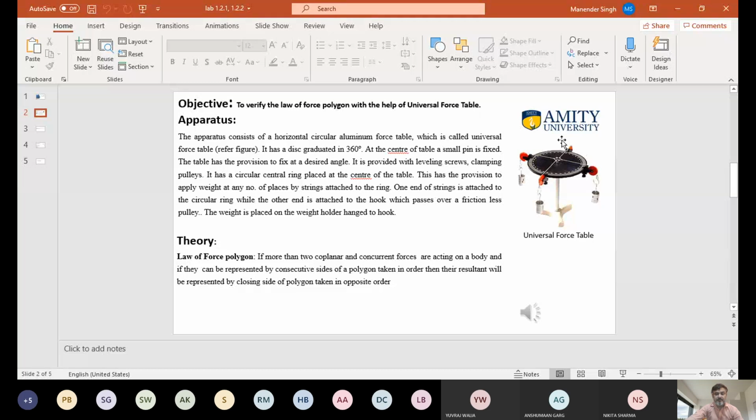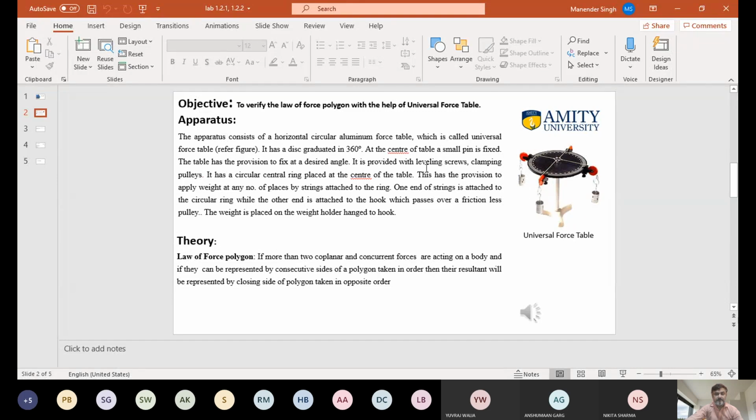So the apparatus is a circular aluminum table which is called the force table, and on this table we have to hang some weights, as you can see in the figures.